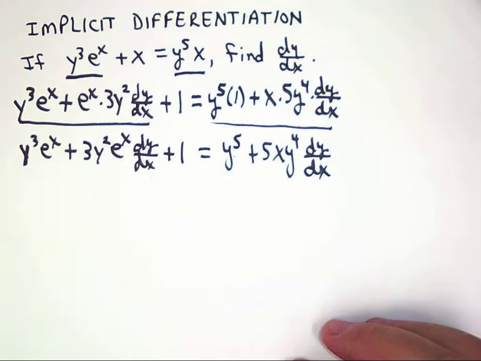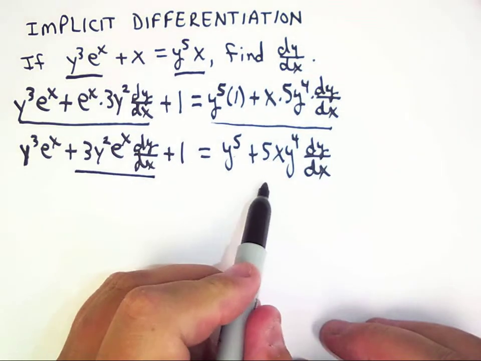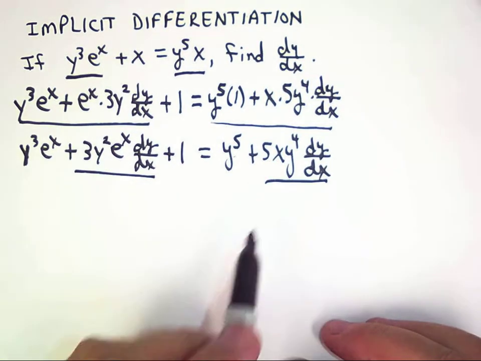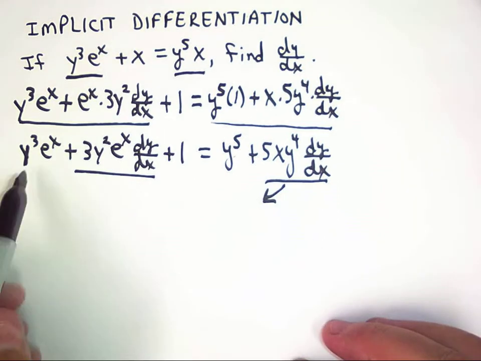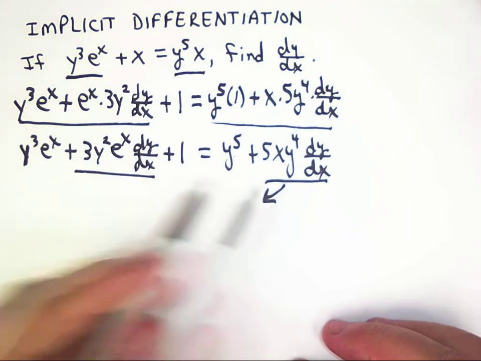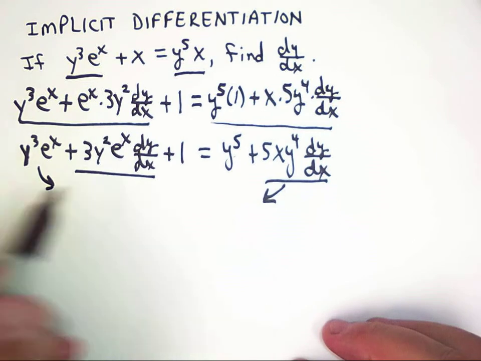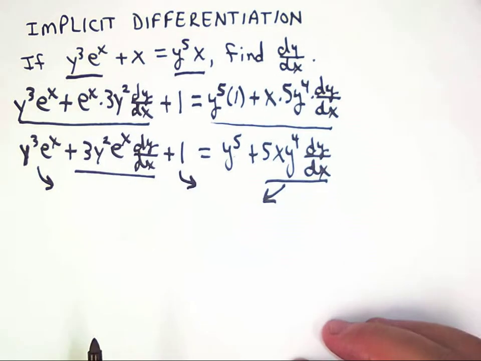Now what we want are the two terms that have dy over dx in them on one side, so I'm going to slide this over by subtracting. And everything that doesn't have a dy dx in it to go to the other side, so I want to slide that over by subtracting and slide that over by subtracting.